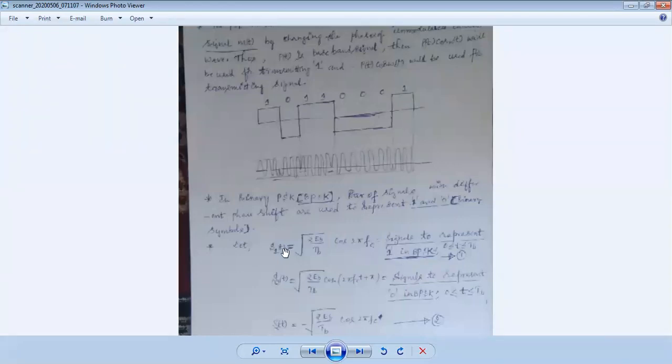So S1(t) = square root of 2EB/TB cos 2 pi fc t is the signal to represent 1 in BPSK. S2 of t is equal to what? Square root of 2EB/TB into cos 2 pi fc t plus pi.